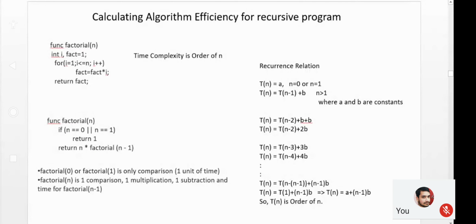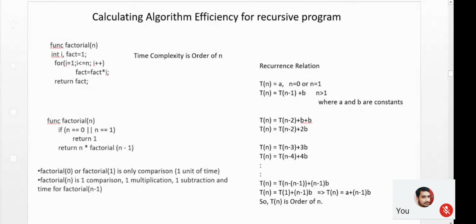Because here n equals either 0 or 1. If n equals 1, it returns 1. If n equals 0, it returns 1. That means the time is constant. So that's why I have written T of n equals a, where a is a constant, when n equals 0 or 1.